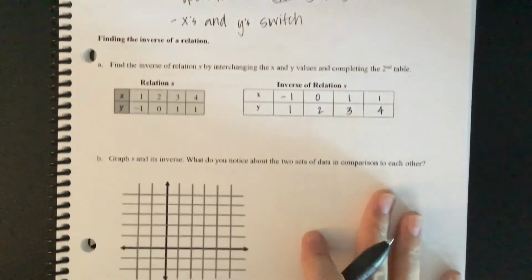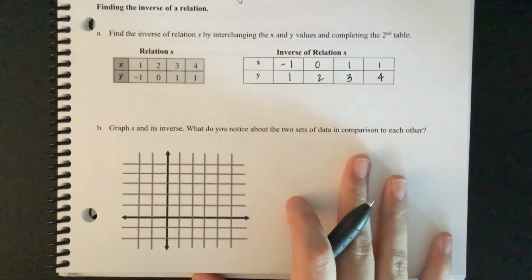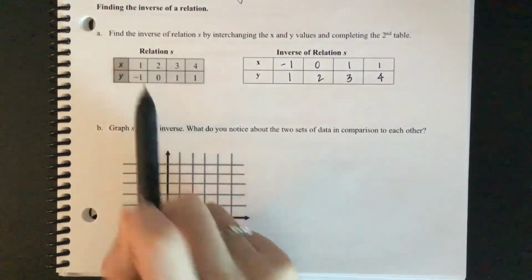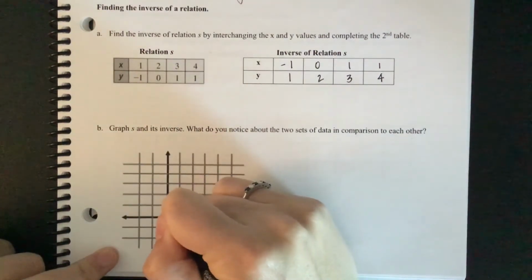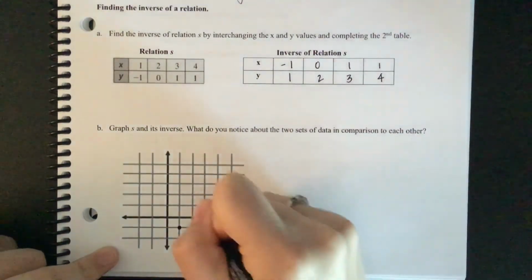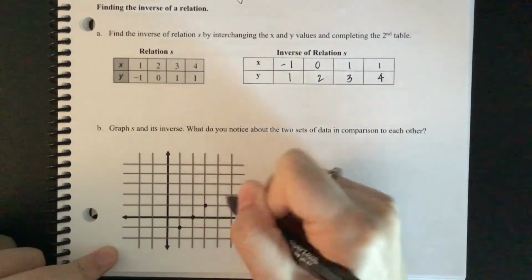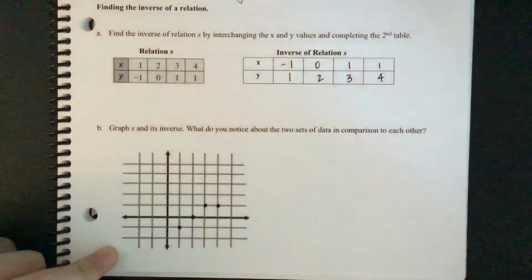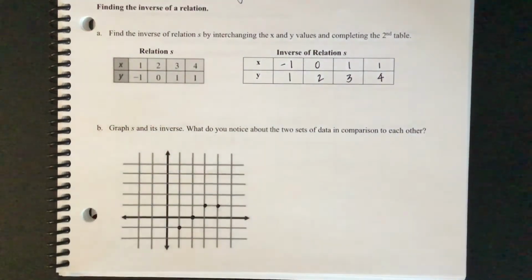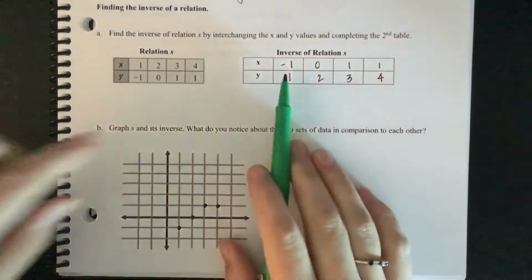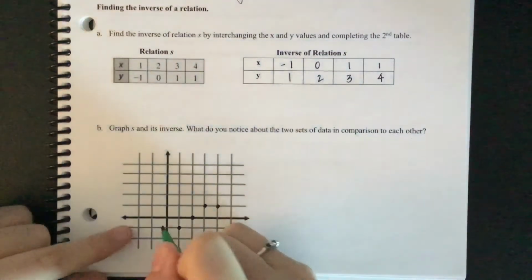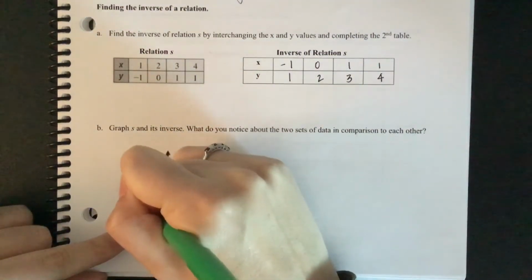Now, we can actually look at this on a graph as well. So I'm going to go ahead and graph this. So (1, -1). Here's my relation S. And they're just points, so I can't really connect them in any way. Here is my inverse. So (-1, 1).